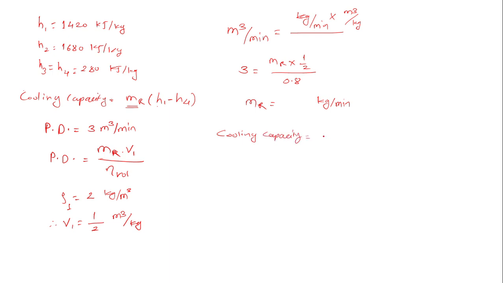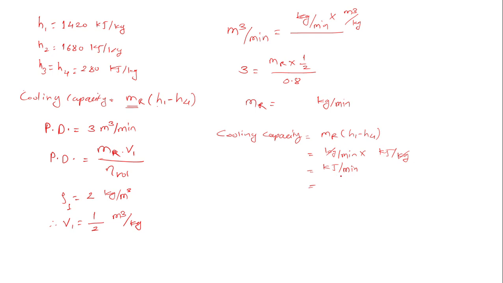Which is equal to mr into h1 minus h4. So mr you have already calculated, h1 and h4 you know. However, mr will be in kg per minute into the enthalpy in kilojoule per kg. So kg gets cancelled, and finally we remain with kilojoule per minute.